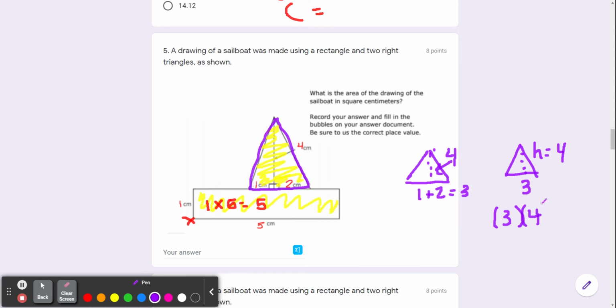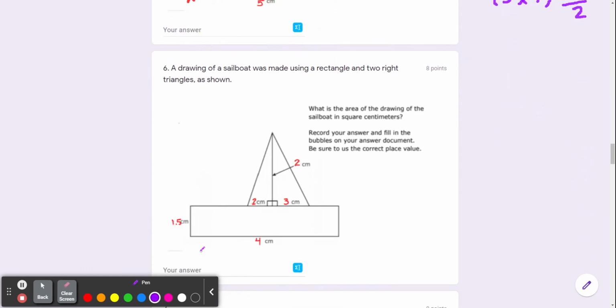And then whatever I get, I'm going to divide by 2. That's going to be the number that goes in here. So now I have the area of this triangle and this rectangle. I can add them together to get my final answer. I want you to try number 6.